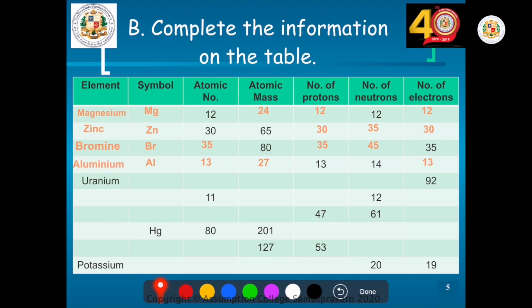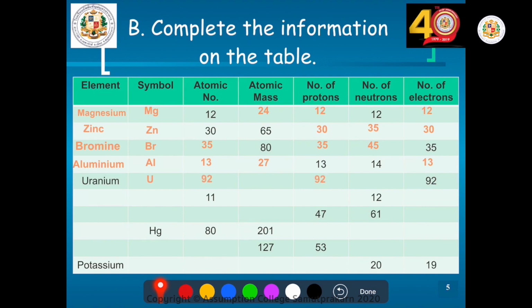They are the same. Now next, the name of the element is uranium and the number of electrons is 92. So from the given electrons, 92, the atomic number and number of protons are also 92.